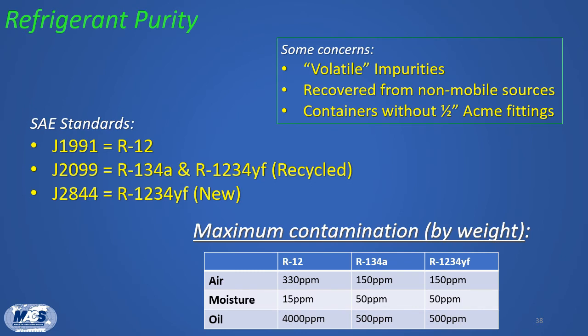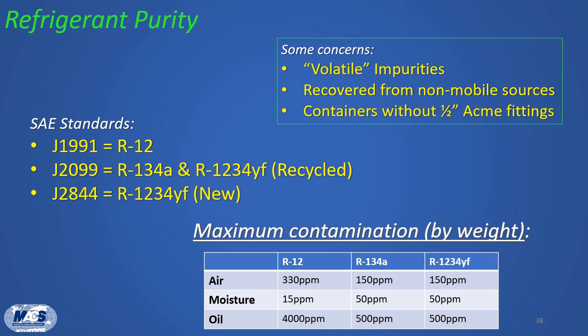So we want to make sure that the refrigerant's pure. Some of the things we're concerned about are volatile impurities that can get mixed in, or refrigerants recovered from non-mobile sources causing contamination. SAE has a couple standards for refrigerant purity, and they basically are looking for three things: the presence of air, moisture, and oil.